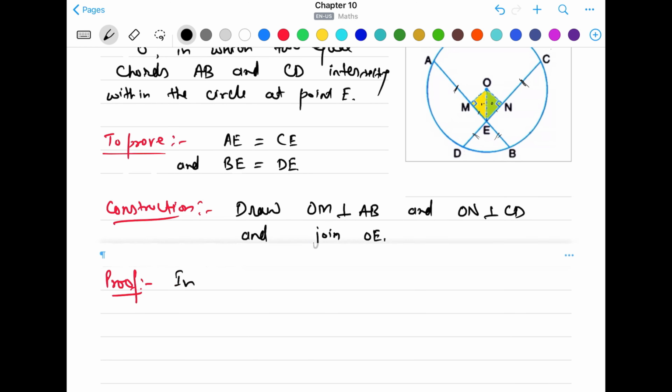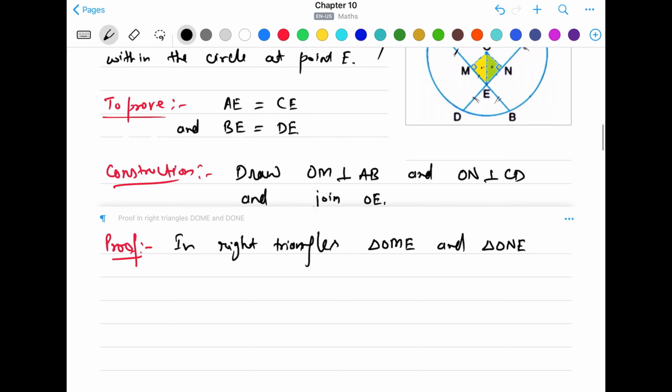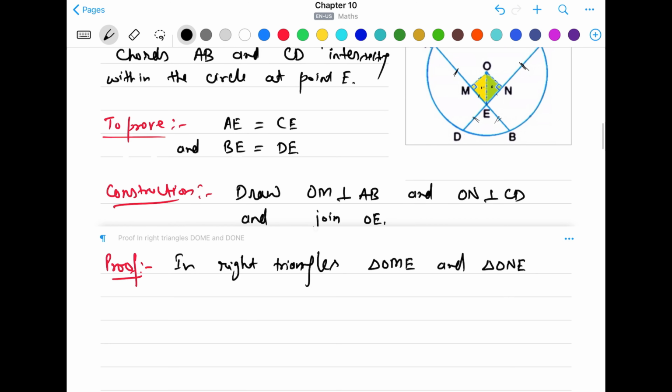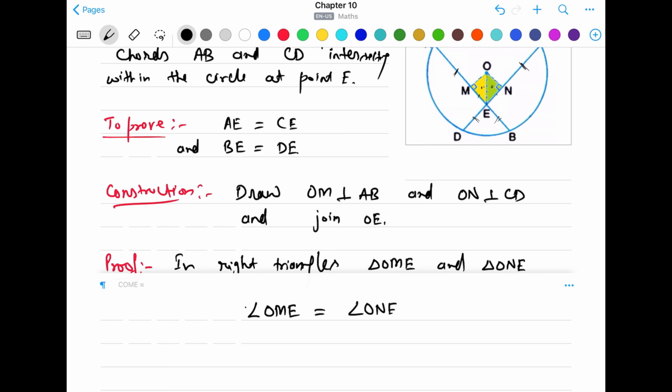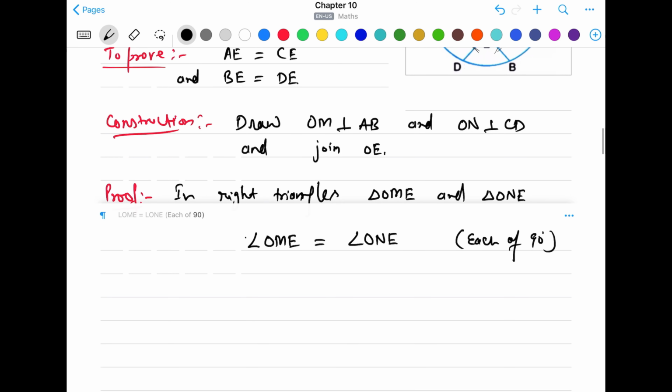So let's write, in right triangles OME and triangle ONE, what we have here is that in these two triangles, first we have right angle, that is angle OME is equal to angle ONE, each of 90 degrees, so we have got right angle now.